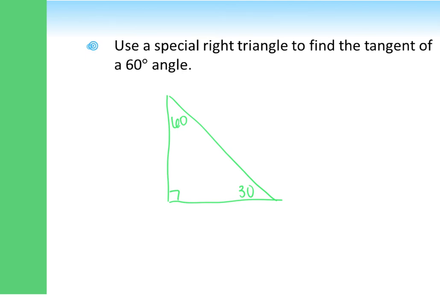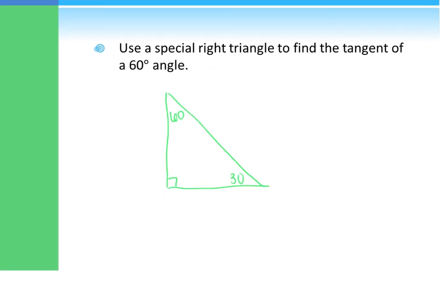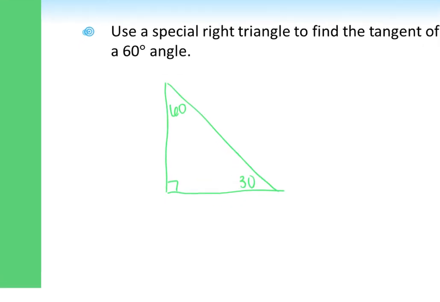We know that the side opposite the 30 is A. The side opposite the 60 is A times the square root of 3. And the hypotenuse is 2A.